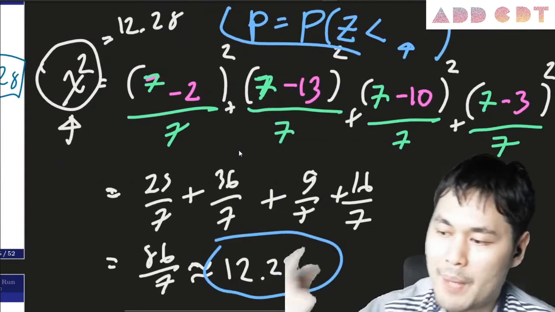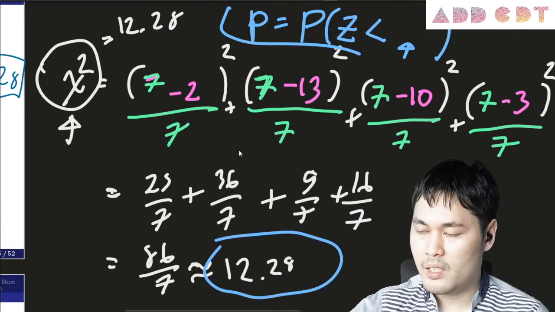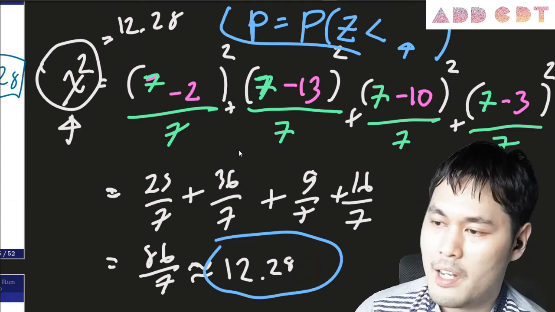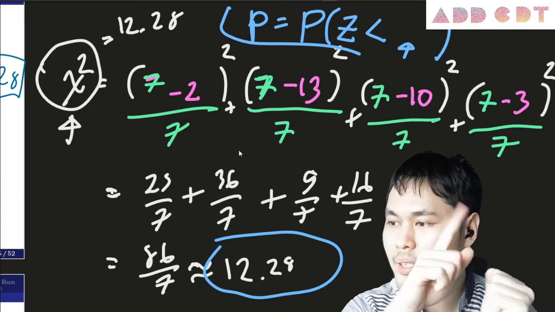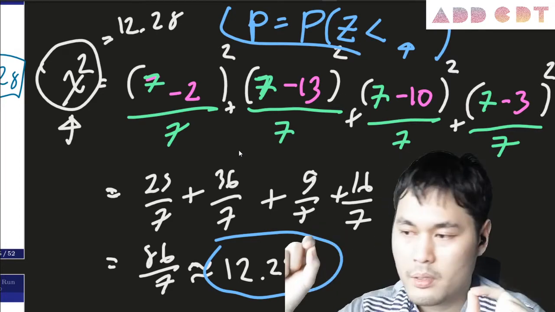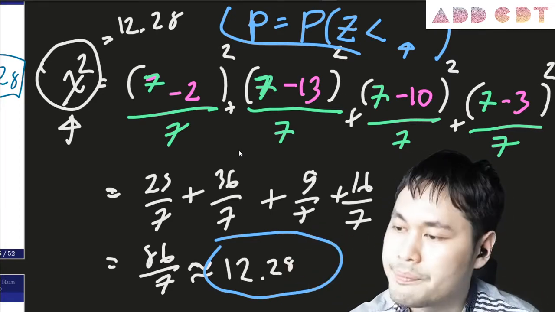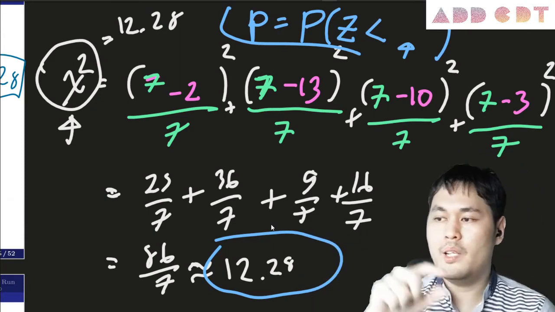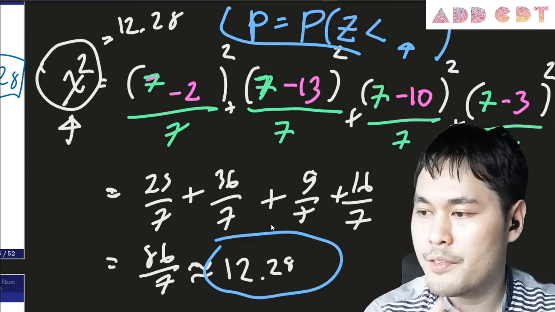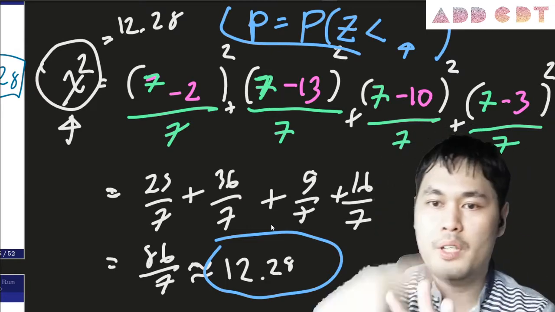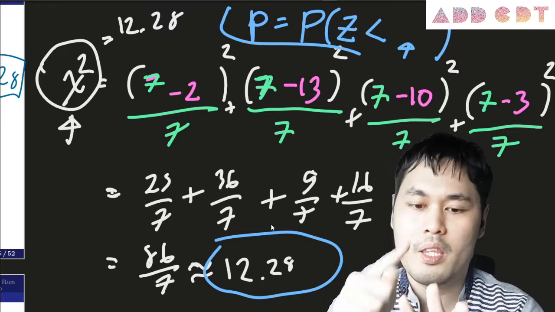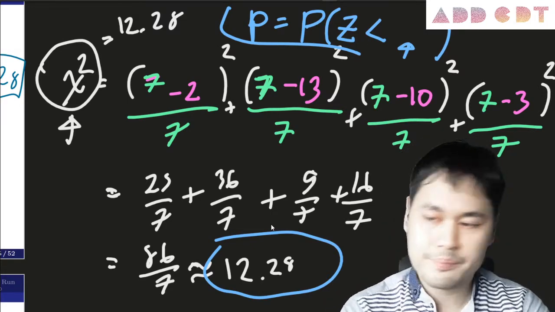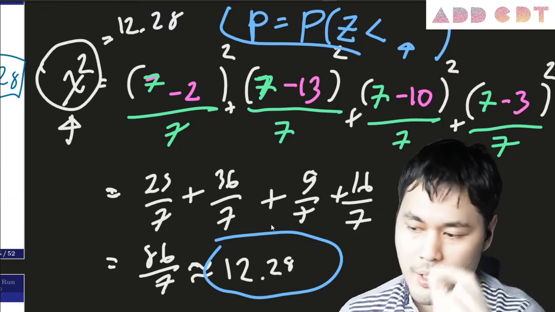And to recap, the higher the number is, the more differences there are between what we believe, the green one, and what the sample tells us, the pink one. Ideally, if that number is 0, if we believe all these 4 categories should have 7 students, and we do a quick survey and actually got 7, then this chi-square will become 0. And that 0 is ideal.